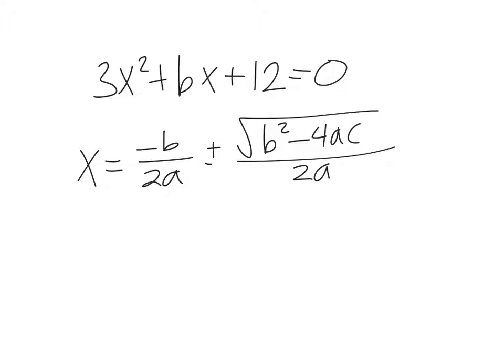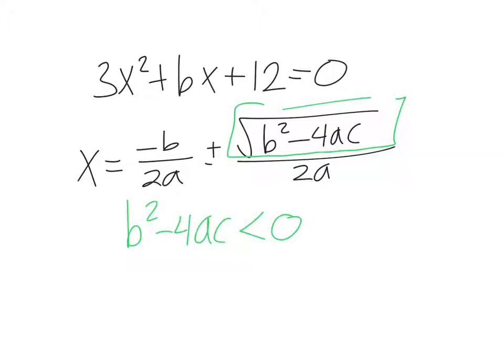Furthermore, we know that the imaginary part is going to come from this, and that's going to happen if this is less than 0. So if b squared minus 4ac is less than 0, we have imaginary solutions to this problem. And hey, that's kind of what we're really looking for here.